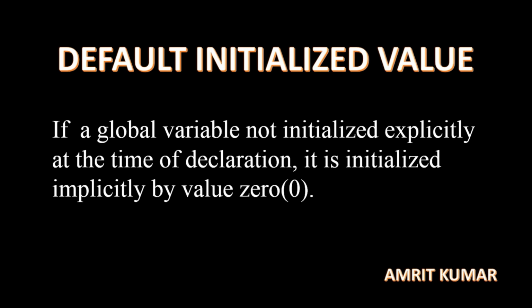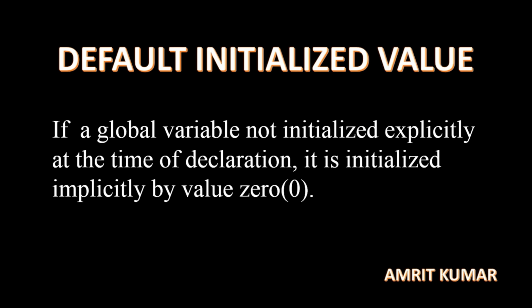If we compare with local variables, the value that is initialized by default is the garbage value. So in local variables, if we do not initialize the value, then the default value it carries is the garbage value.